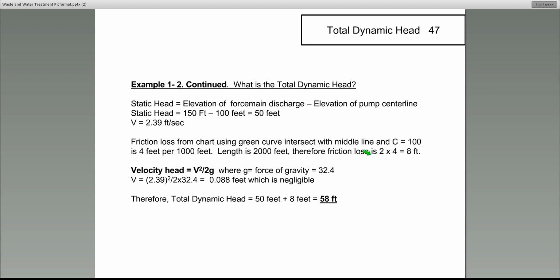So it would be 8.1 if you want to go that far. So your total dynamic head, the total head is what you need. Static head is 50. The total of the friction loss, 8, rounded off. So you have a total dynamic head, H, of 58.